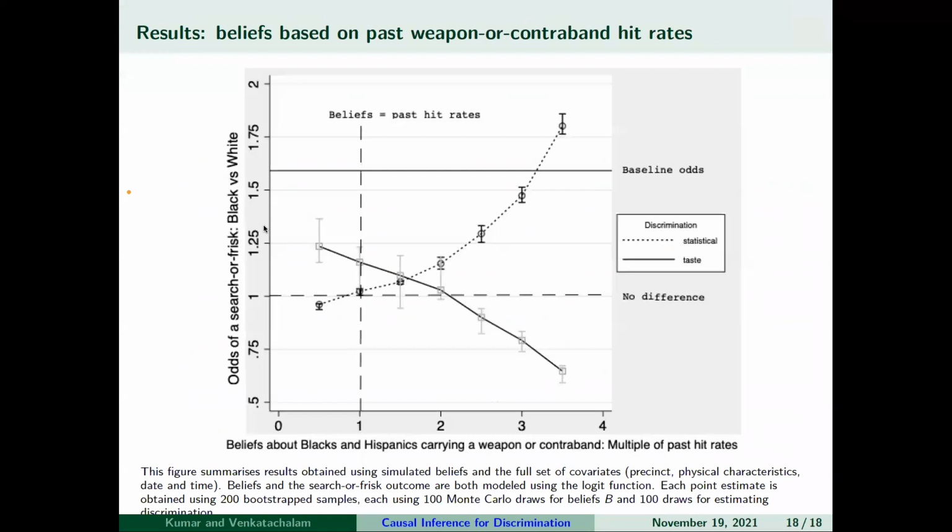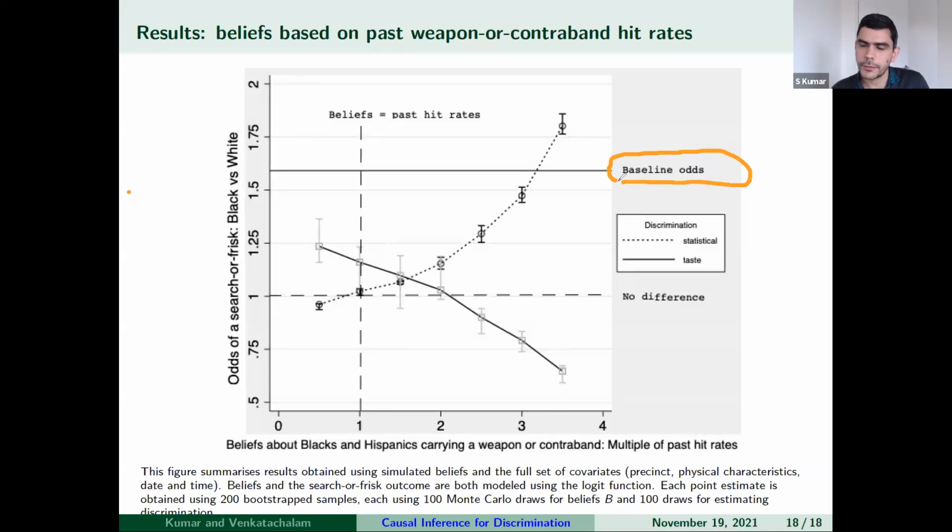Okay, so here is this picture, and I'm going to heroically try to annotate as well. Baseline odds, as you remember from the table of results, is roughly 1.68. It's a bit different here because this is now 2019, but the number is quite similar.